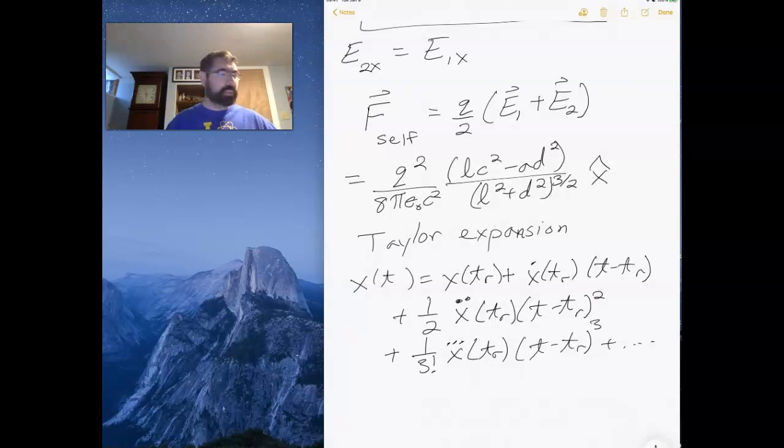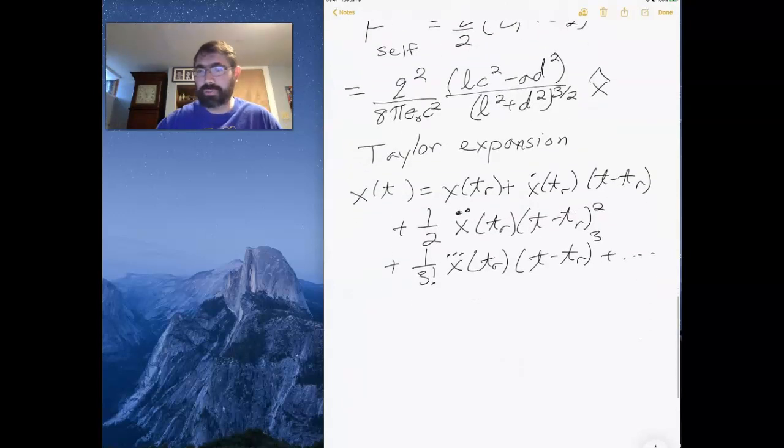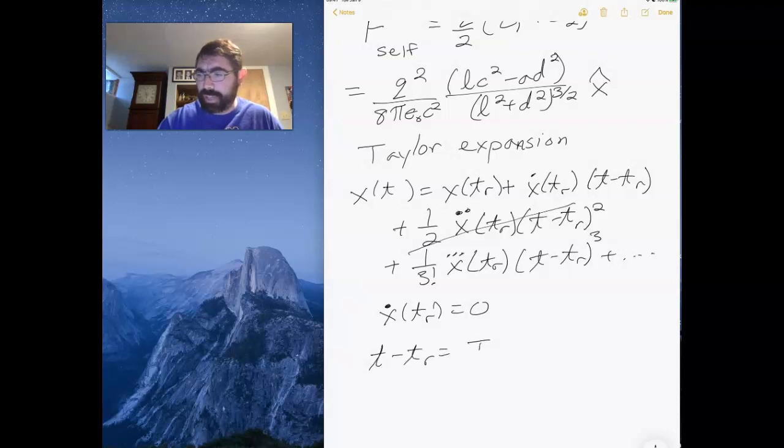Okay, so we could keep going on and adding more terms. And so I said that we wanted to start at an initial velocity of 0. So that means that x dot is equal to 0, so that eliminates this term right here. And I'm going to let my time difference, I'm just going to call that capital T, so it's much easier to write out.